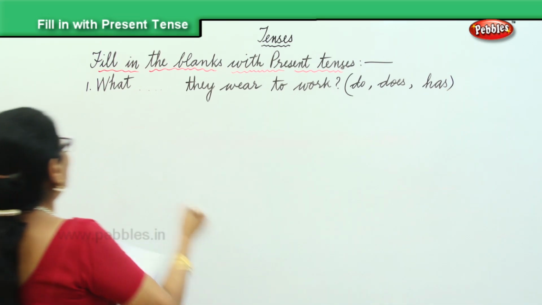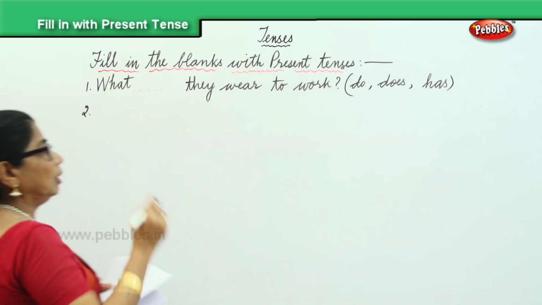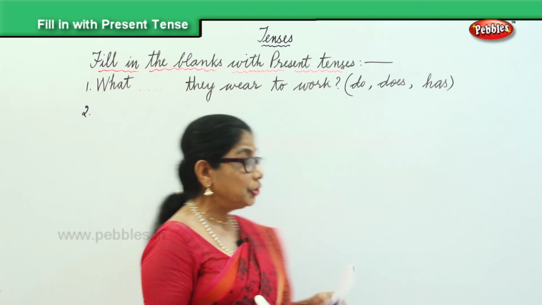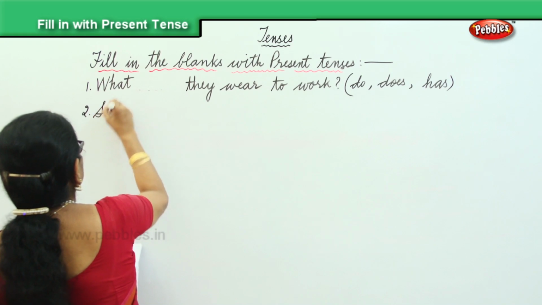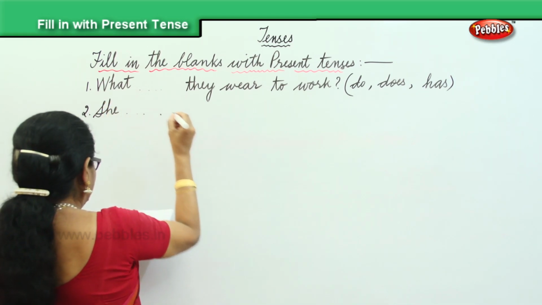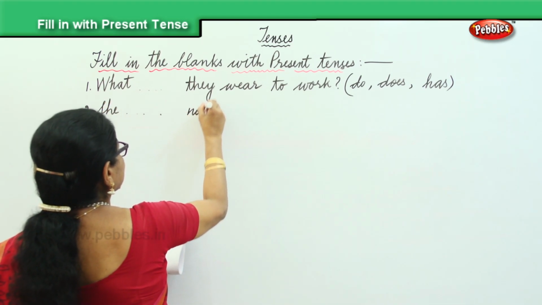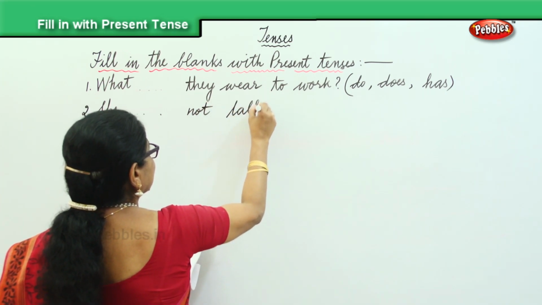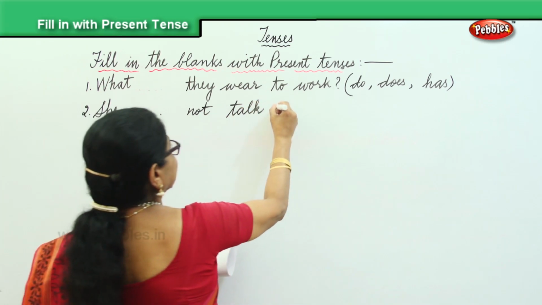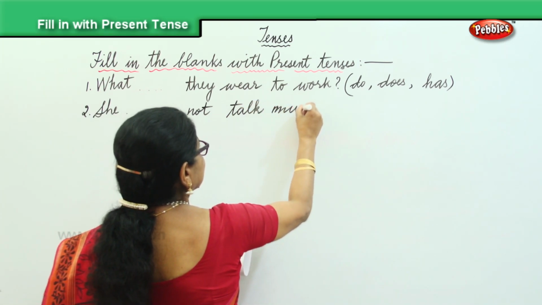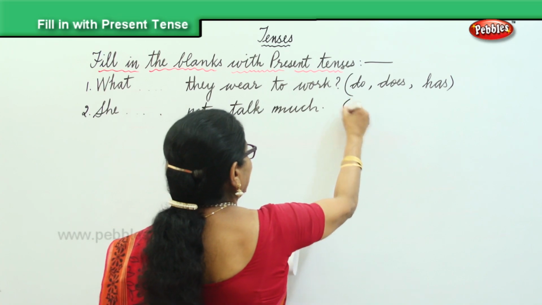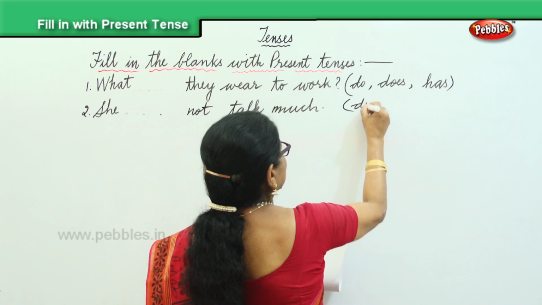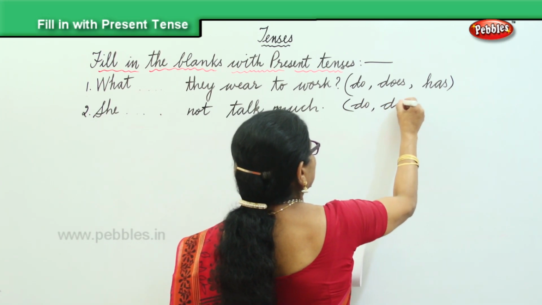While I write the next, you think about the correct form of present tense that you need to choose. She dash not talk much. And the verbs are do, does.